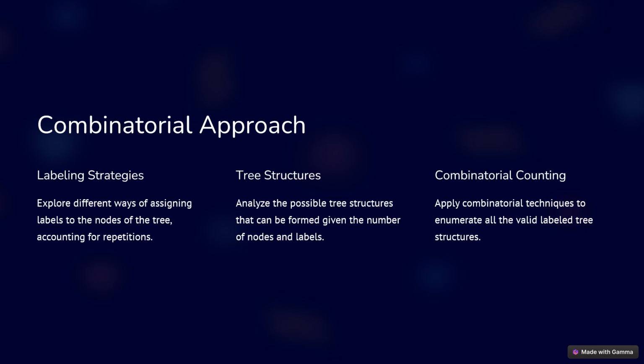Tree structures: analyze the possible tree structures that can be formed given the number of nodes and the labels. Combinatorial counting: apply combinatorial techniques to enumerate all the valid labeled tree structures.